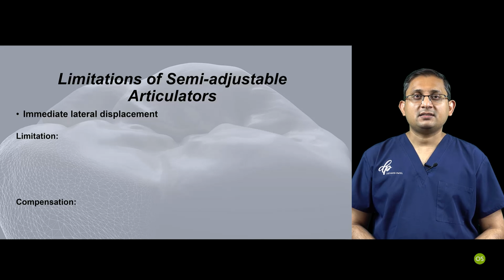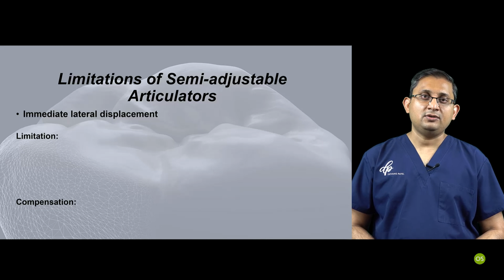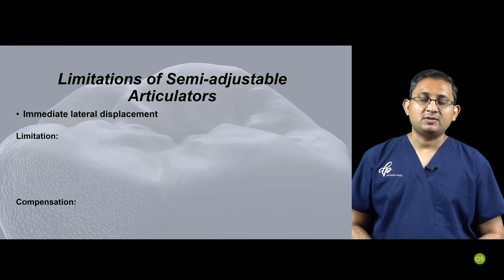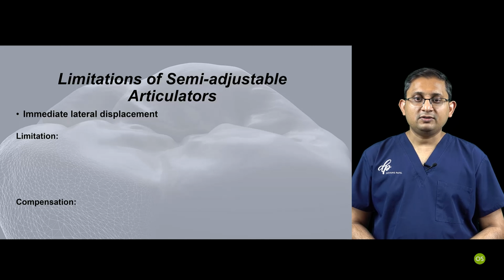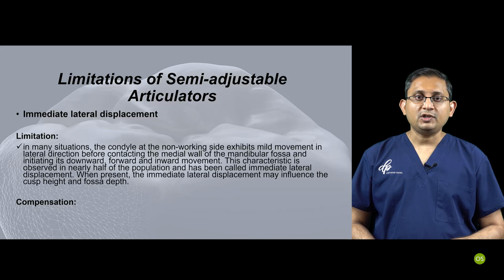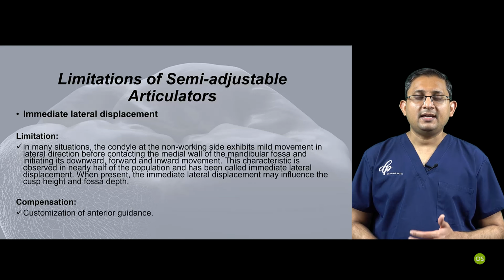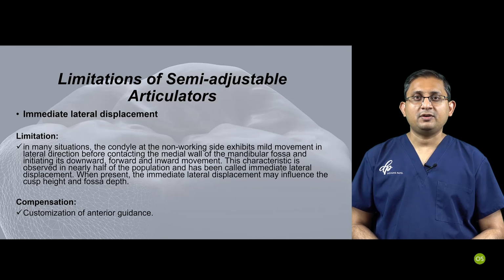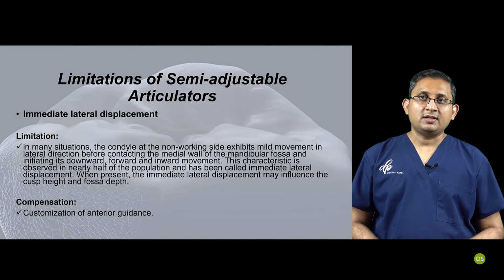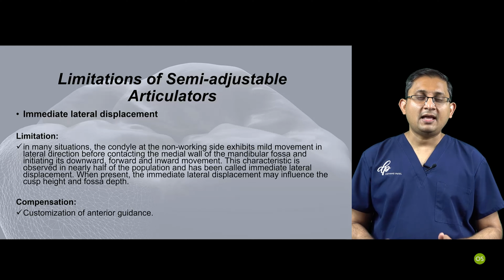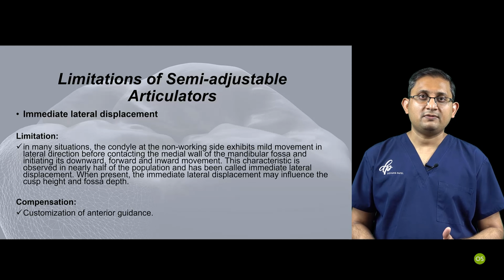And because of that, if you cannot really assess that in the patient's mouth, you cannot transfer that onto the semi-adjustable articulator. So you need to make sure that you are again creating an anterior customized guidance, because studies show that nearly half of the patients will have some sort of side shift.